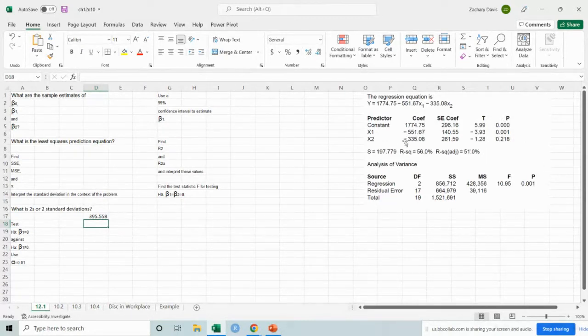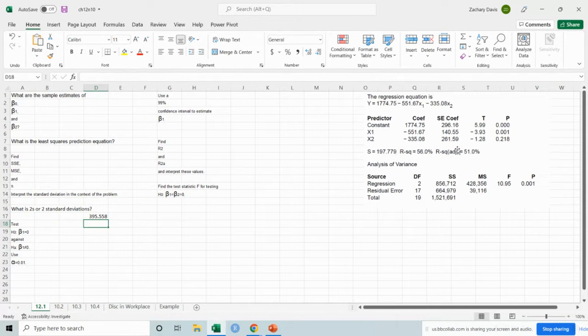We can see here that x1 is found to be significant, but x2 was found not to be significant. So if we were to interpret that, we would only give an interpretation for x1, whatever that variable happens to be, and we would basically ignore x2 in the sense that there's nothing we can gain from it, there's no explanation we can gain from it, because that p-value was not significant.